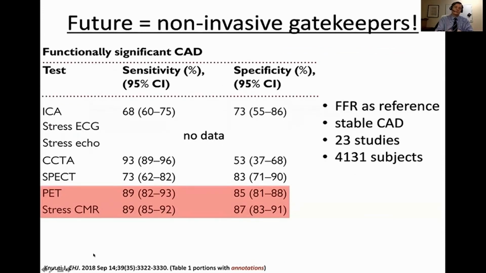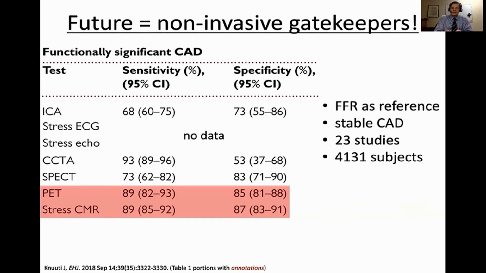So I really think that the future of non-invasive gatekeepers, and I was delighted to see a couple years ago in the European Heart Journal this, if you will, kind of global analysis of many of these tools that we have out there, from invasive angiography to stress echo, EKG, CTA, SPECT, PET, MRI, the whole gamut, using FFR as a reference and looking at how these perform in a large number of studies.